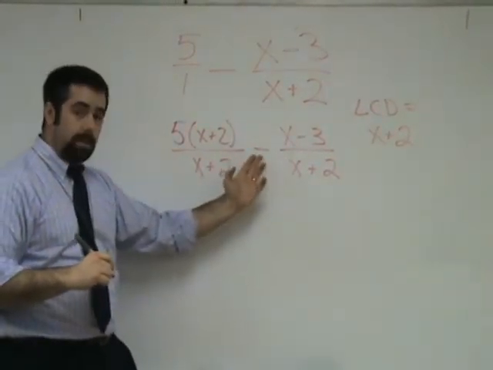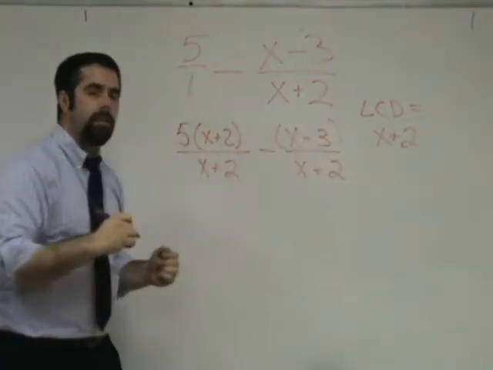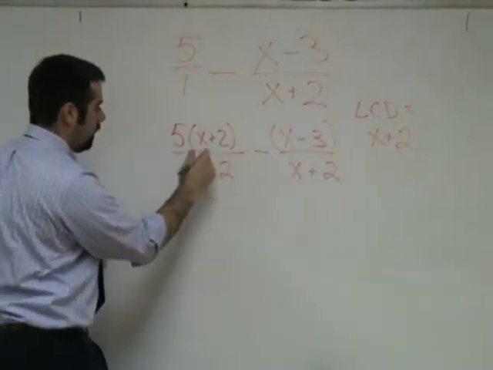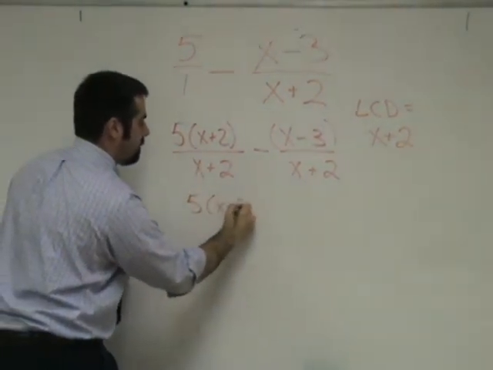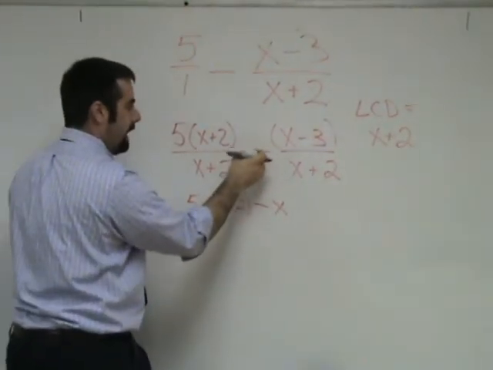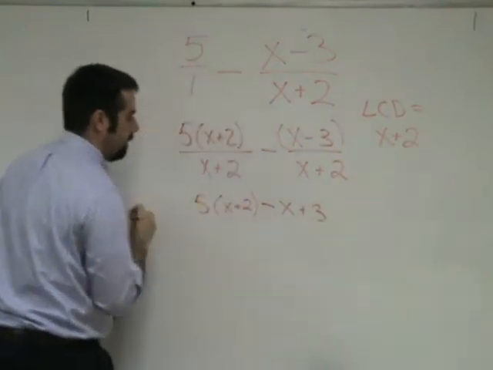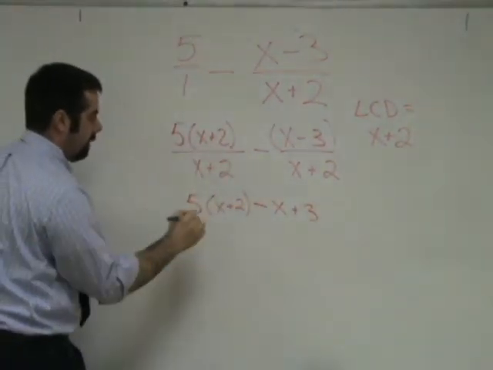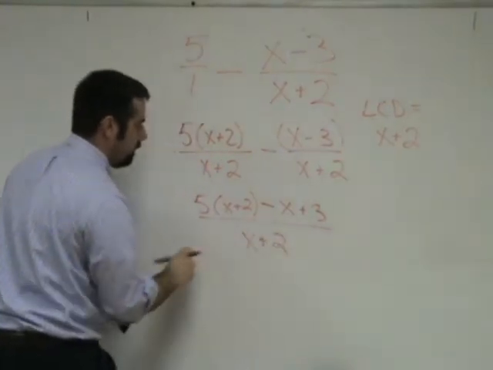Now be careful, since I'm doing subtraction, I need to think about subtracting that entire numerator. So I get 5 times x plus 2 minus x, subtracting x, and I'm subtracting a negative 3. So that's adding a 3. All this over x plus 2.